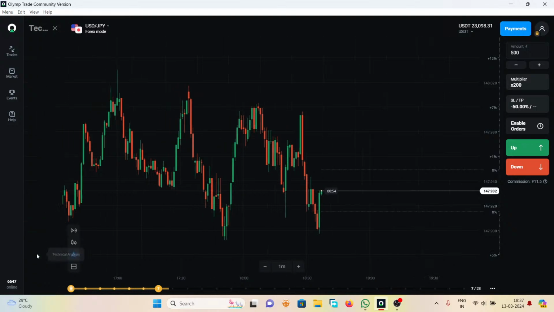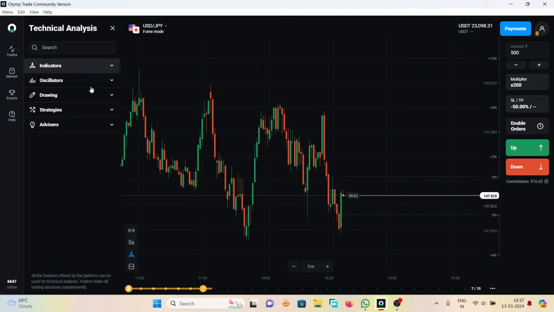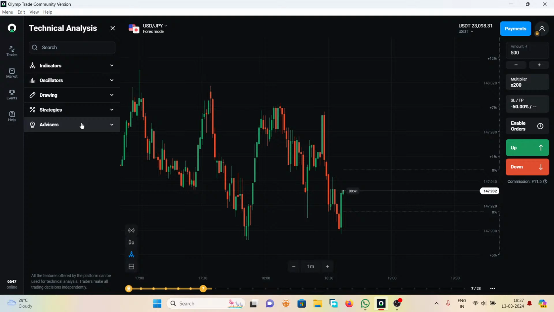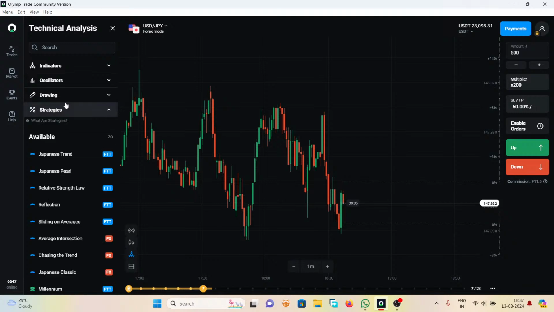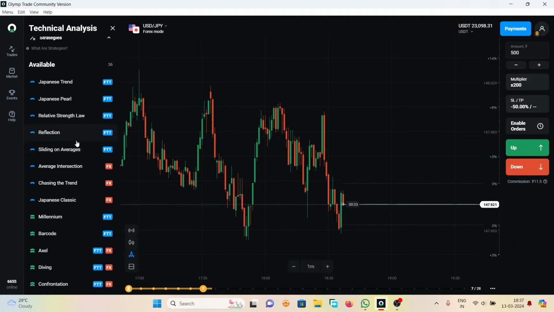We need to click over there, then we will have all these segments. Right now we can see this coming in the vertical way, but in the mobile application it is a horizontal way, all these menus. On the fourth option we are watching, as you can see, strategies. If you are a starter status holder, then you will have a chance to get only 8 strategies.